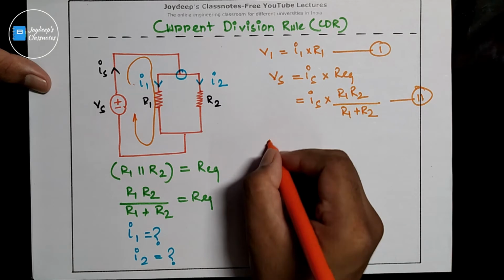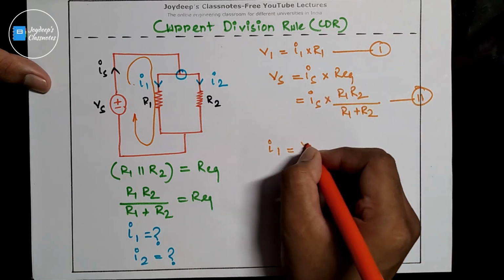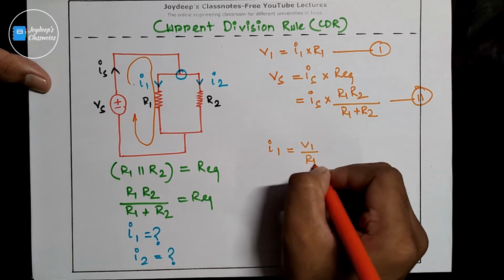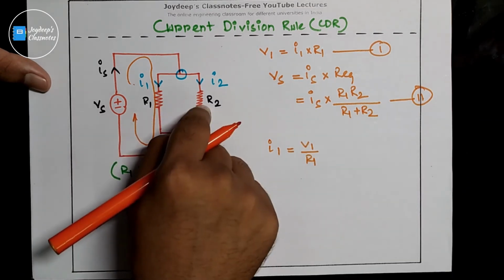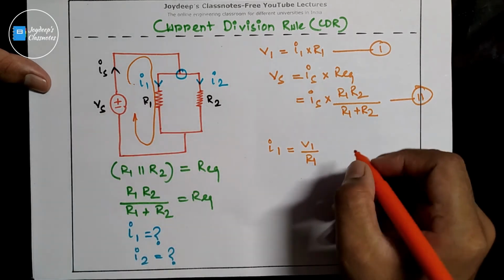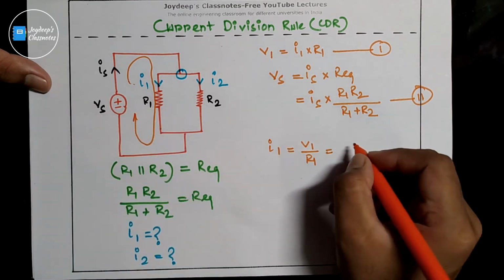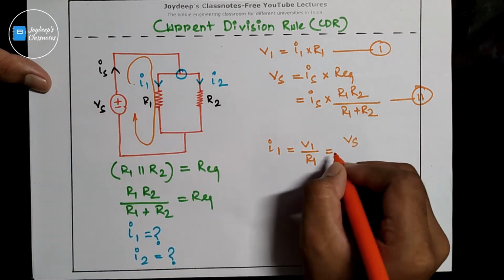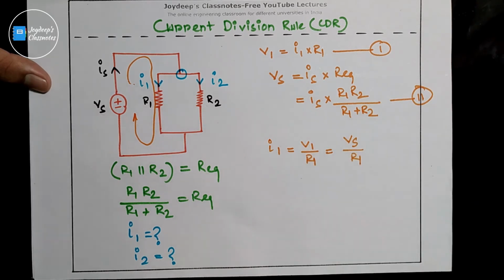From equation 1, I1 equals V1 divided by R1, right? These resistances are connected in parallel with this voltage source, so V1 is actually equal to Vs only. So instead of V1 we write Vs divided by R1.